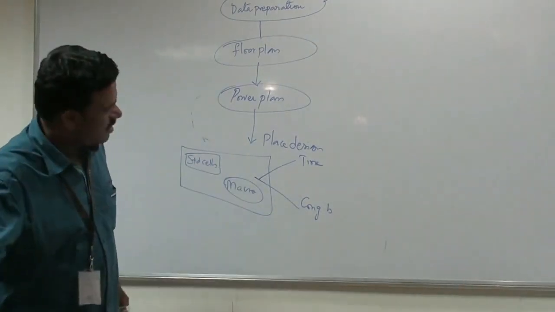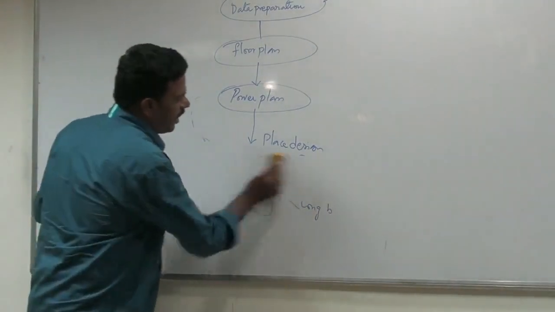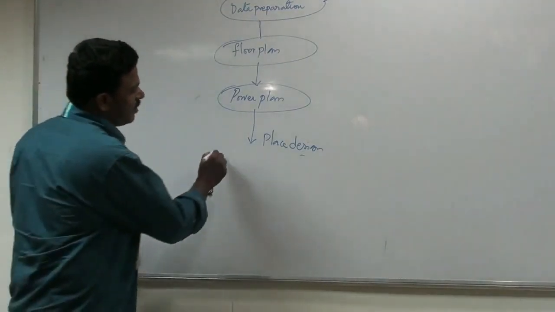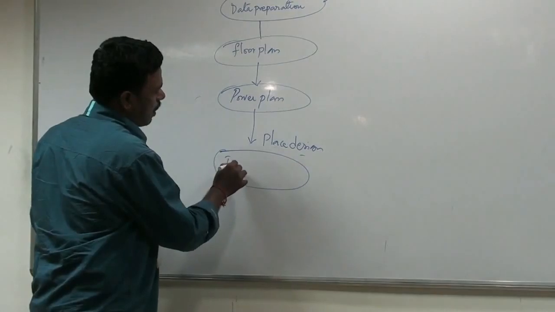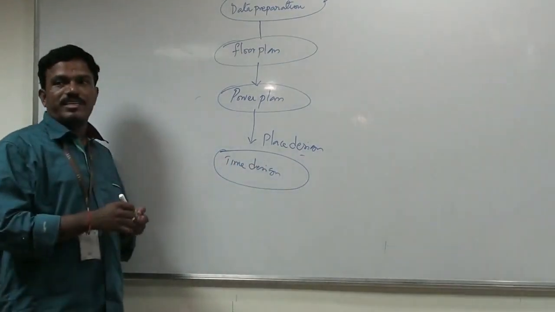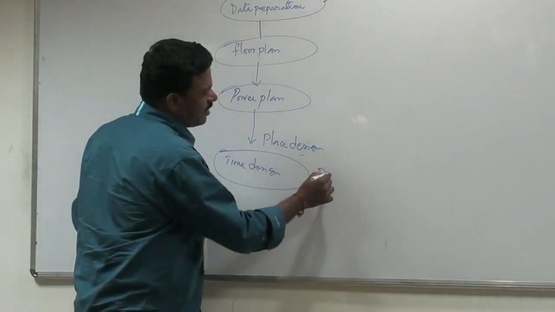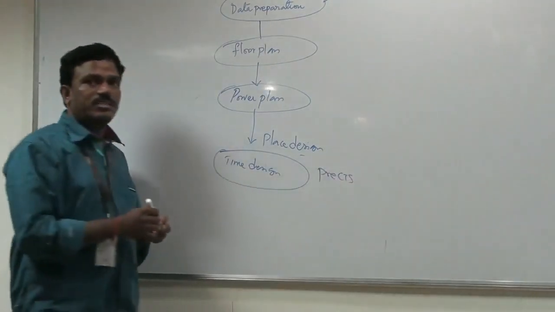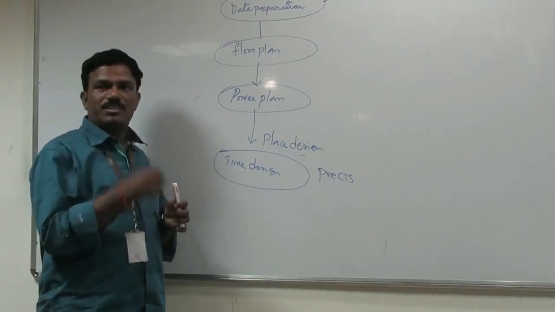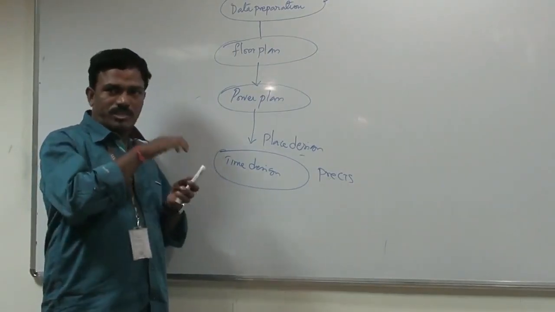Once it is placed, again we need to go for timing design. This stage is called the pre-CTS timing design stage. That is, before clock tree synthesis, we need to confirm the timing, since components are now there in the silicon.